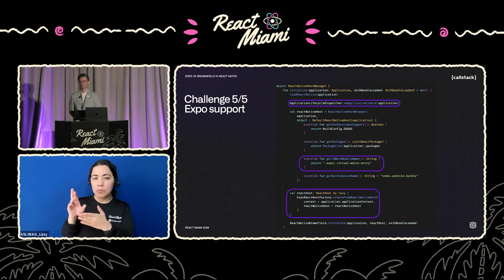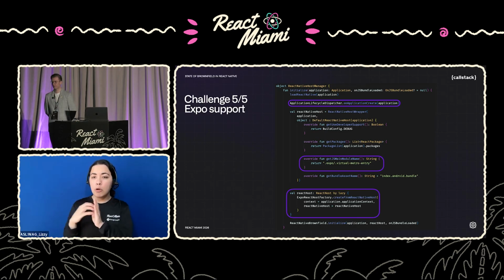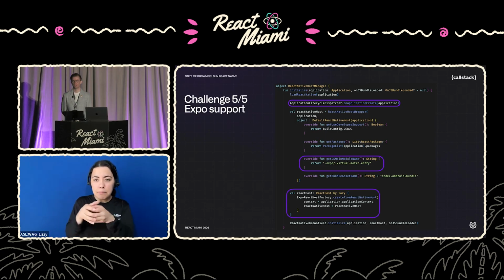And finally, we get to the last challenge, which is Expo support, because Expo provides its own entry points and its own native APIs. They need special handling. For instance, the name of the JS entry point is fixed, so this is something that needs to change. You need to import Expo packages. And the hardest part is actually that Expo is also modular. It has many packages, and those packages are not available from the Maven central repository.